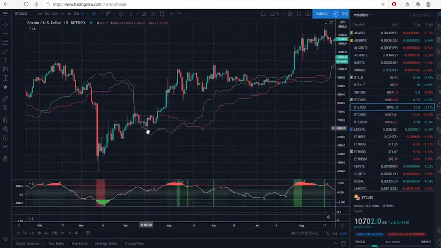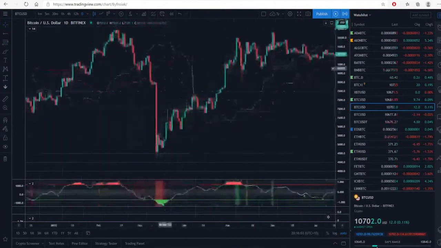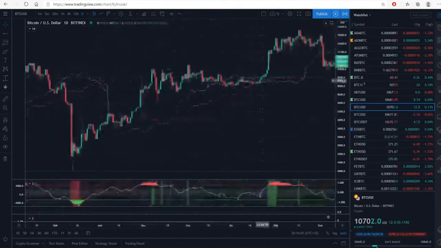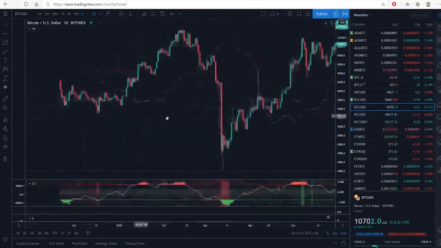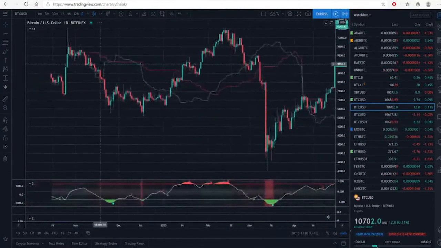When we are above the cloud, they're also acting as levels of support. Resistance, support, very strong support there. Resistance.